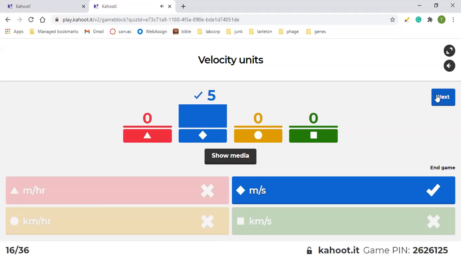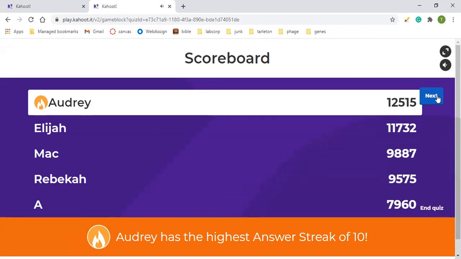So our velocity units are going to be meters per second. If you don't ever remember units, the equation and what you're doing can really help you figure that out.